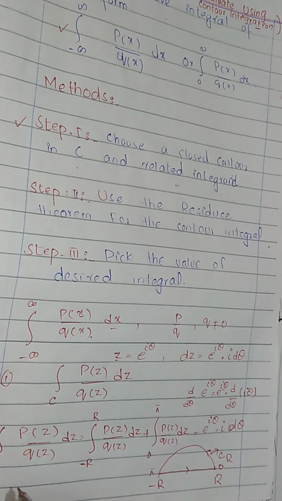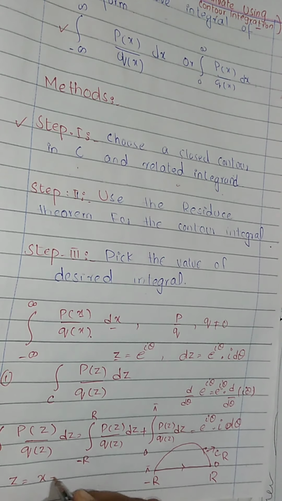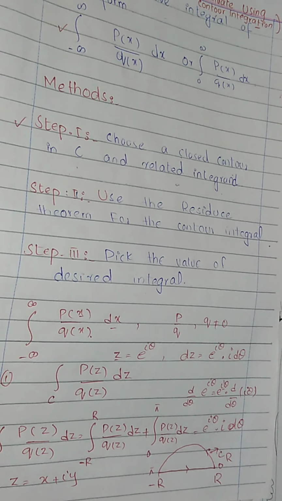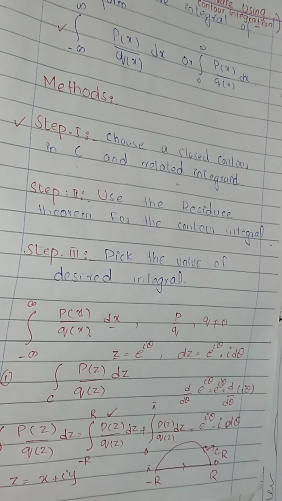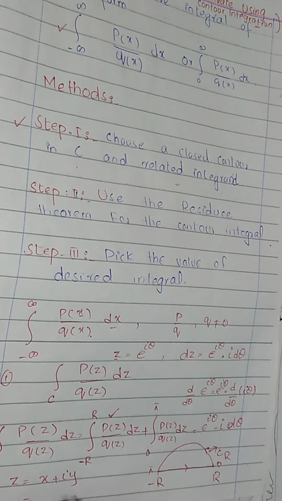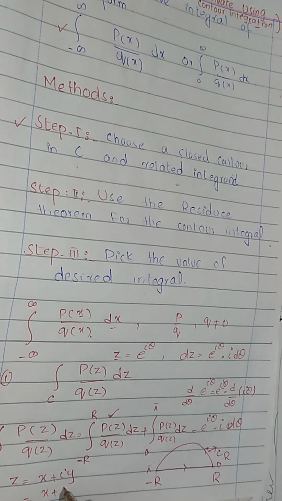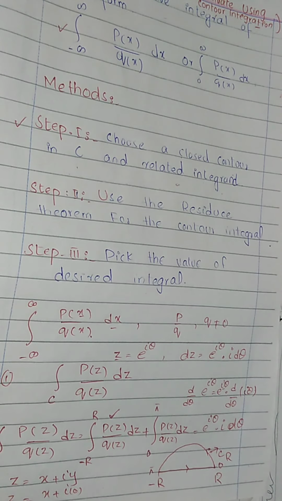Then, as we know, z is equal to x plus iy. This path is on the x-axis. On the x-axis, y is 0, so x plus i0, so z is equal to x.